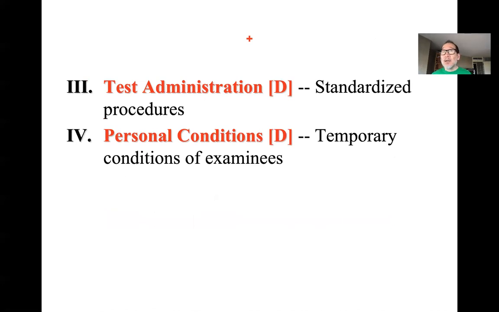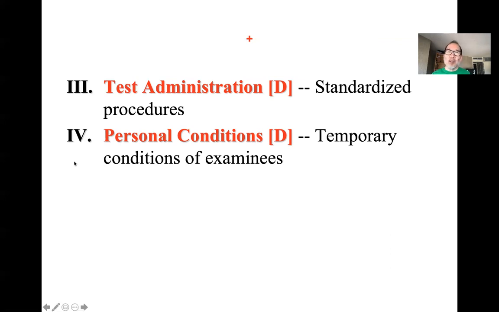Now, outside of the test is test administration. Is it given consistently? Like the SAT, if it's given consistently, and they have very strict rules about how you administer the SAT, that will increase reliability. But to the extent someone can arbitrarily determine how long the test is going to run, how you give instructions, and all that kind of stuff, you add error to the test.